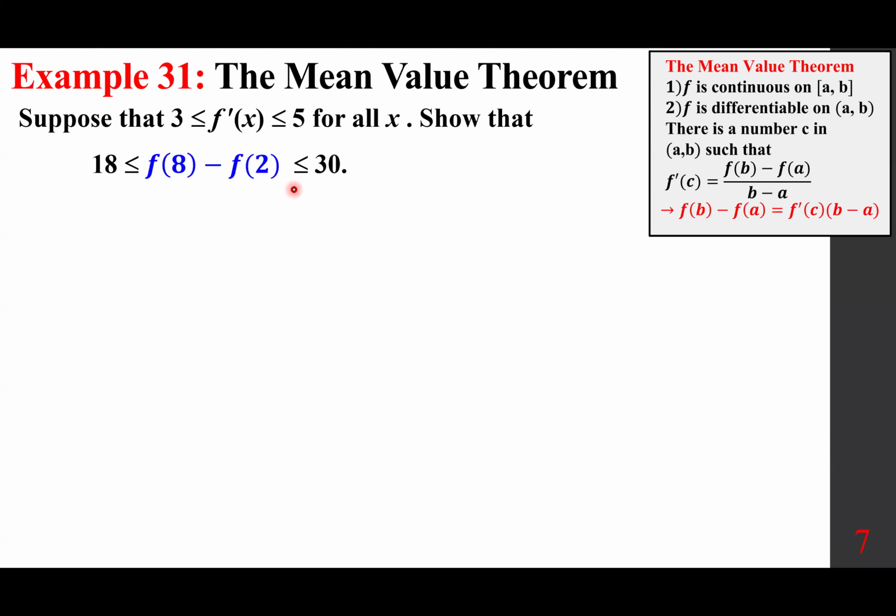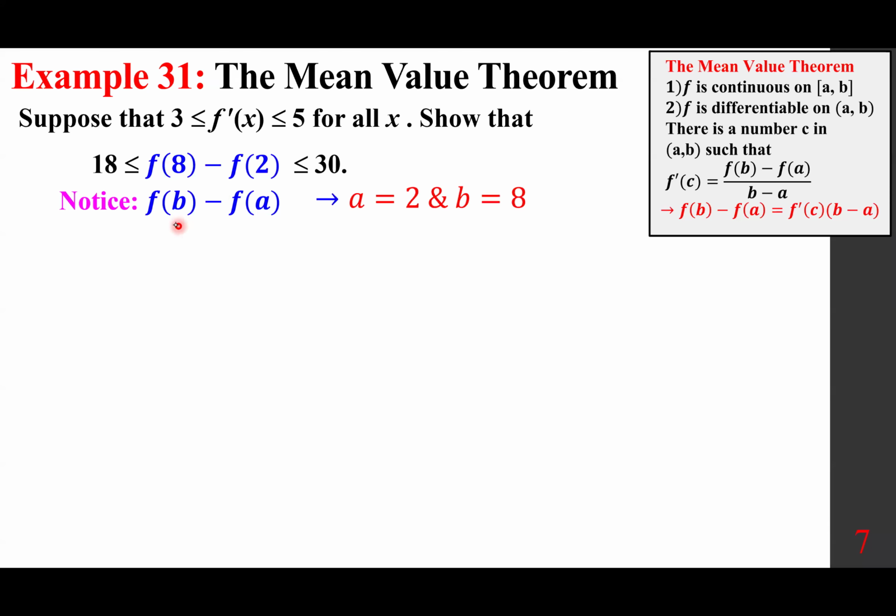So to do that, we have to pay attention to what's going on with the mean value theorem. We have f of b minus f of a in the numerator, b minus a here, which makes a 2 and b 8.